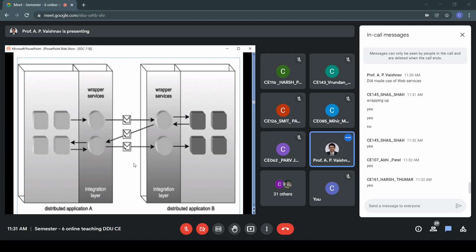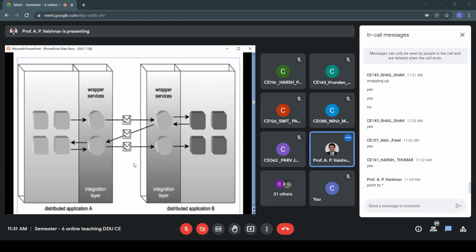And we are never limited to point to point. We use point to star communication, if you remember that. Point to star means your request can be processed by any number of services in between, which we call intermediate services. So that is the first point.